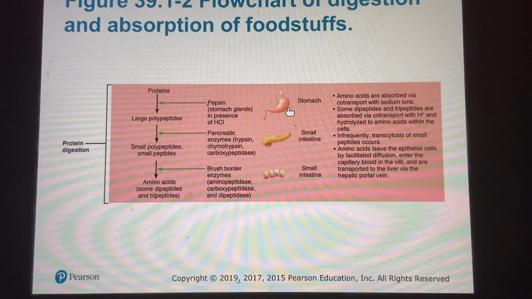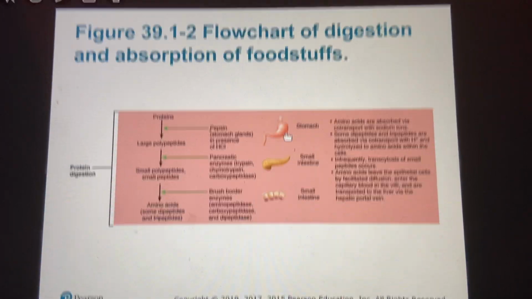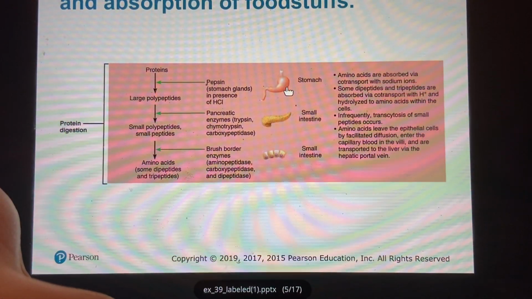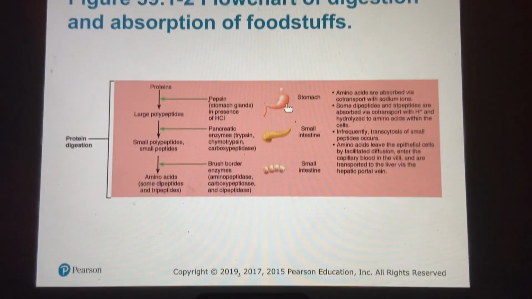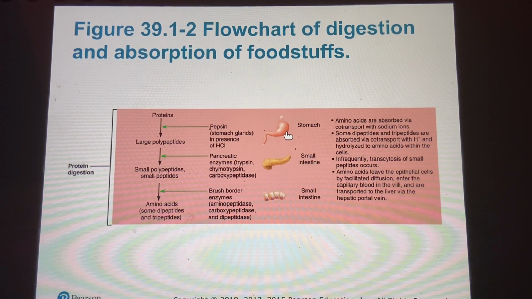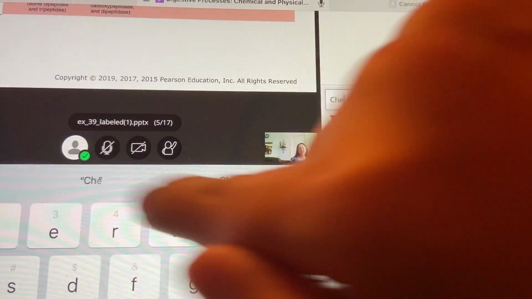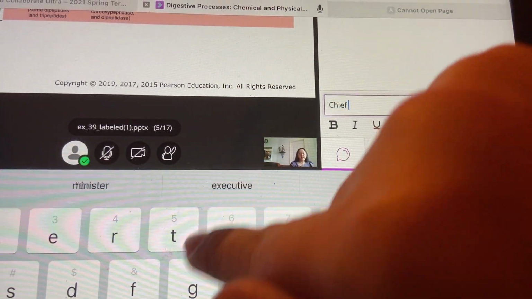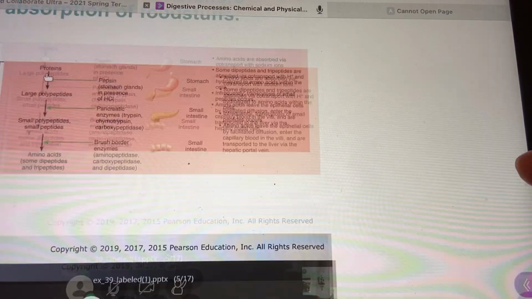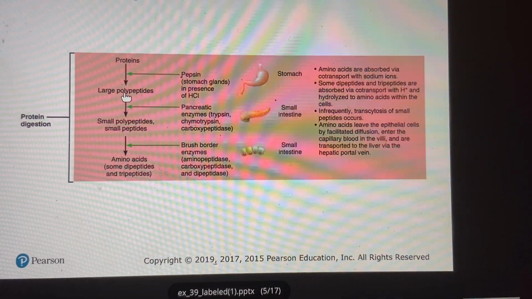We also discussed there are cells in the stomach that produce hydrochloric acid. Then pepsinogen, if you remember, combined with hydrochloric acid will produce pepsin, and this pepsin is the one that will dissolve the protein into large polypeptides.